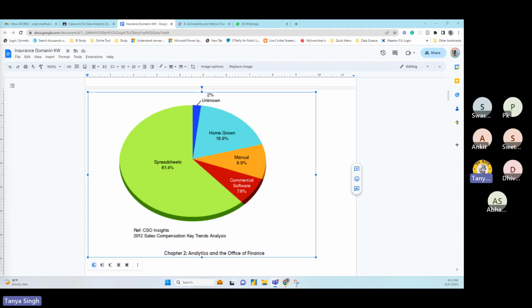It is a property and casualty insurance software provider that gives software for claim adjustment, right? Any claim-related work for any insurance company can use Guidewire Claim. They also have an underwriting system. Similarly, Duck Creek is very popular for underwriting systems, right?